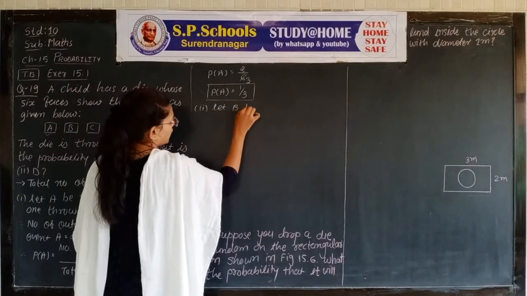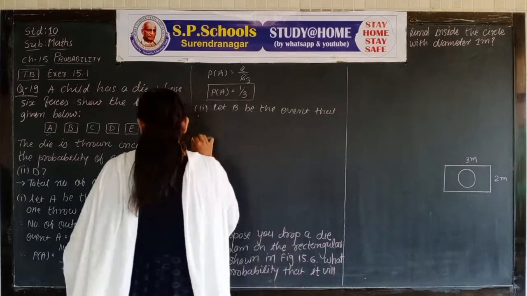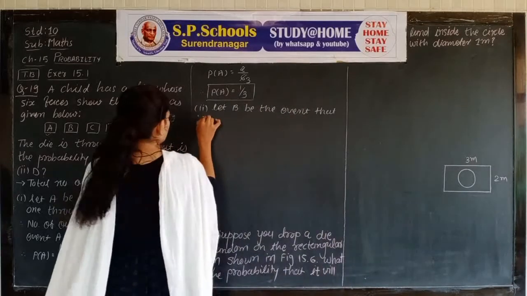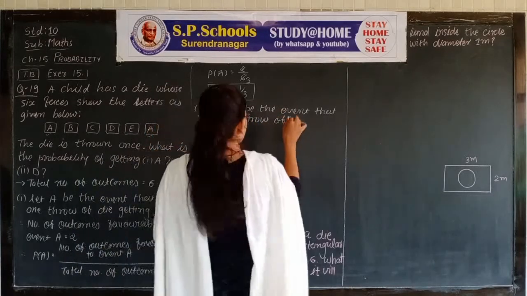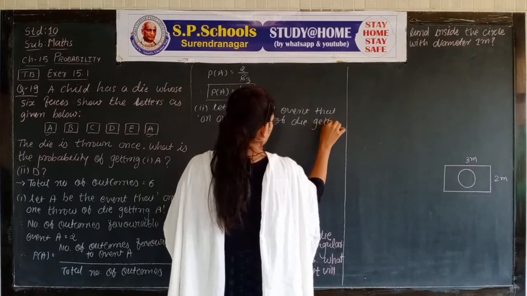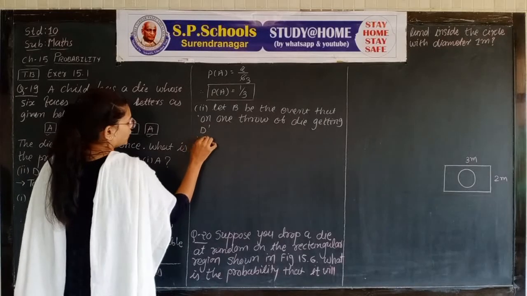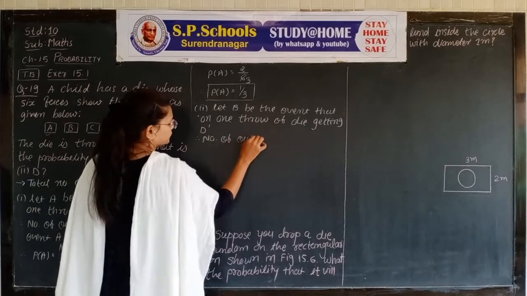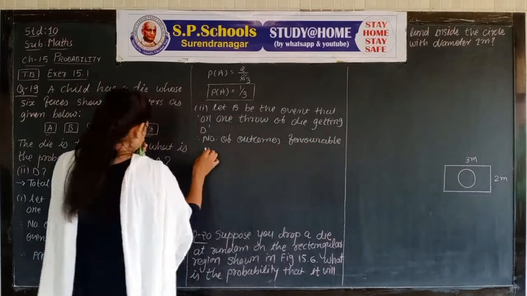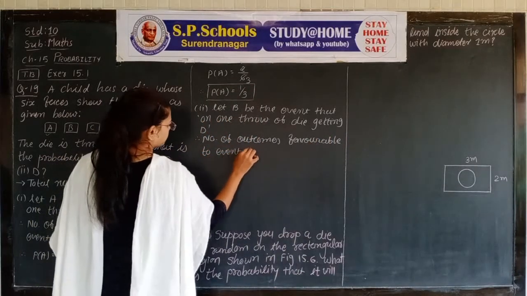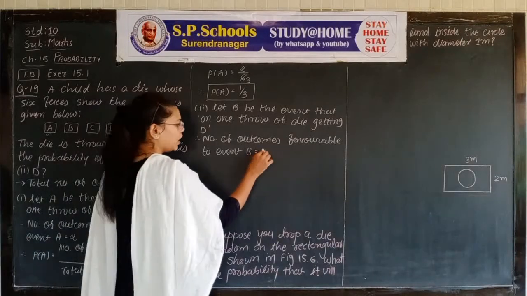Let B be the event that, same sentence repeated here, on one throw of dice getting the letter D. Therefore, the number of outcomes favorable to event B is equal to 1, because only one surface has the letter D, that's why the number of favorable outcomes is 1.